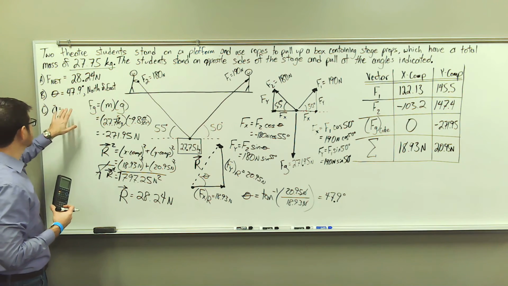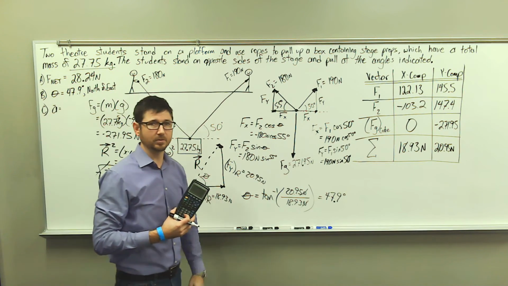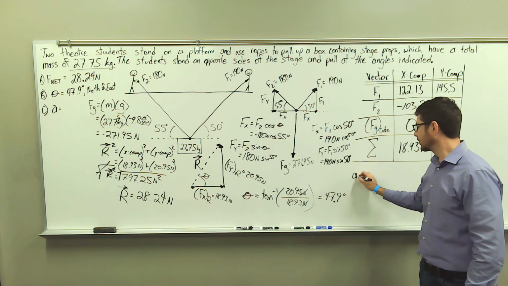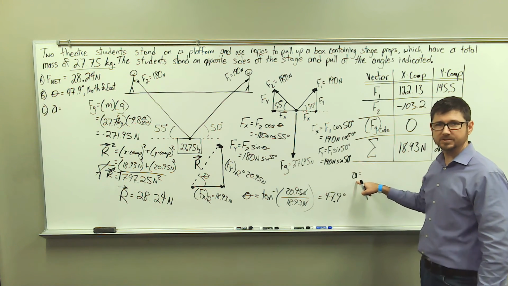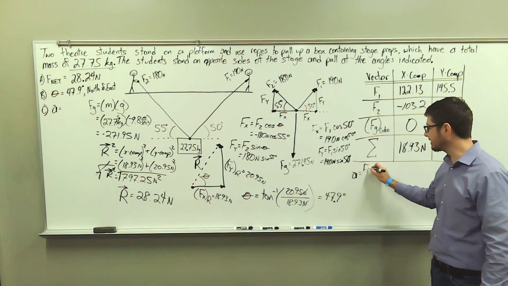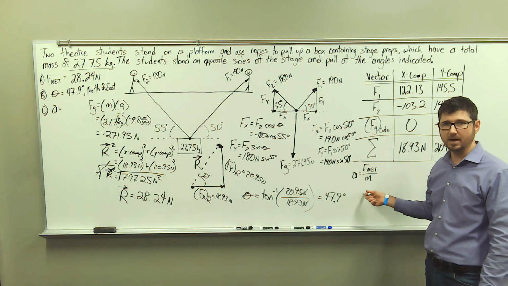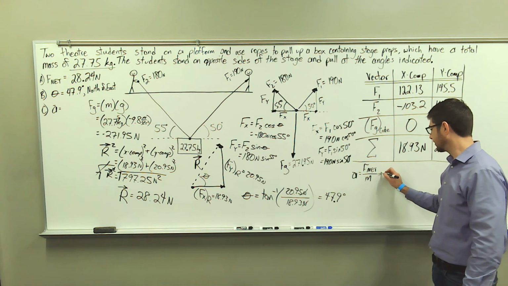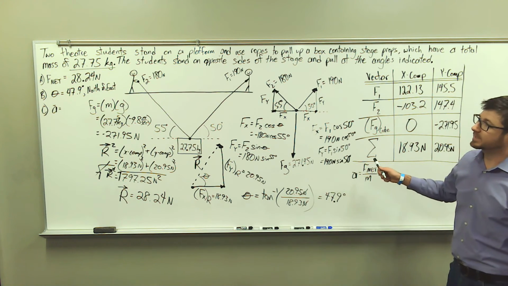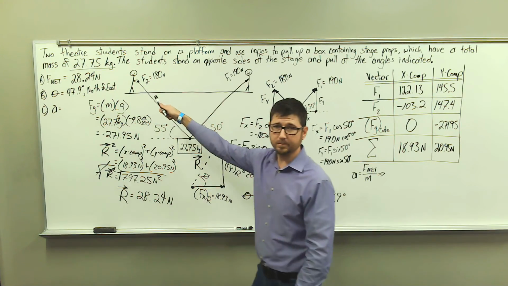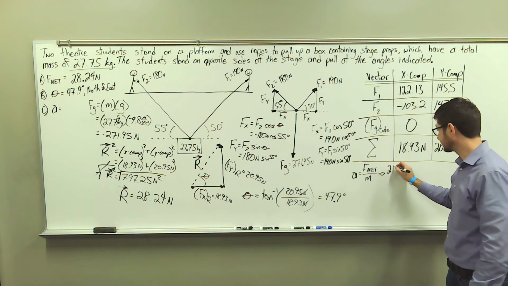Now, on part C, it wants us to calculate the acceleration of the crate. According to Newton's second law of motion, we know that the acceleration of an object is directly proportional to the net force applied to the object and inversely proportional to the object's mass. So, acceleration is going to equal our net force. We're going to use our calculated value, which is 28.24 newtons.